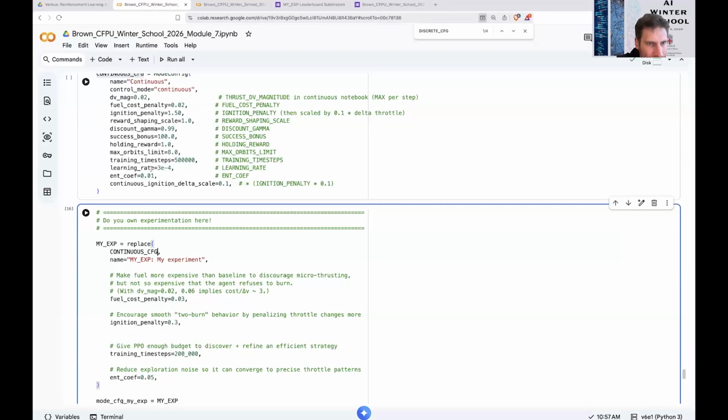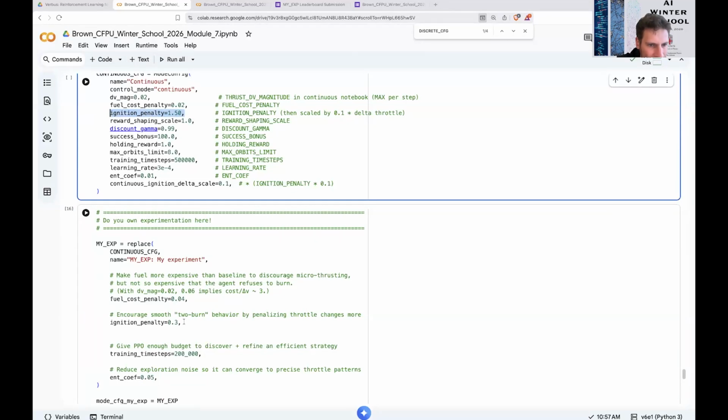Let's leave everything else the same. Actually, you know what? Let's do a bigger fuel cost penalty. We'll double it, and we'll also double the ignition penalty.